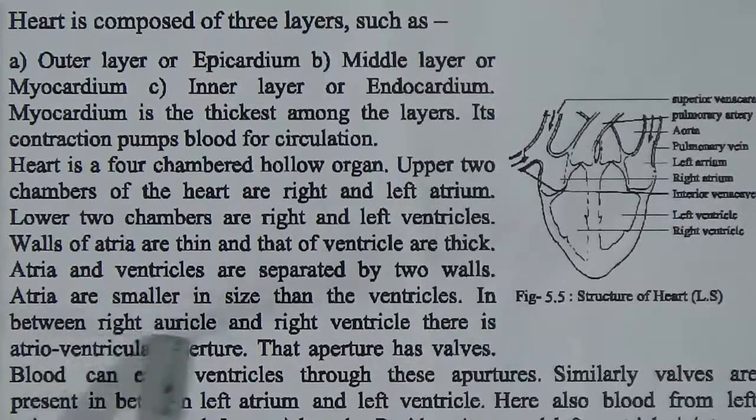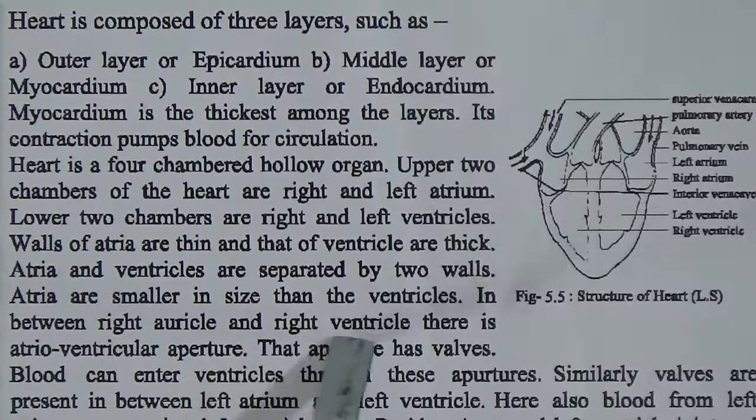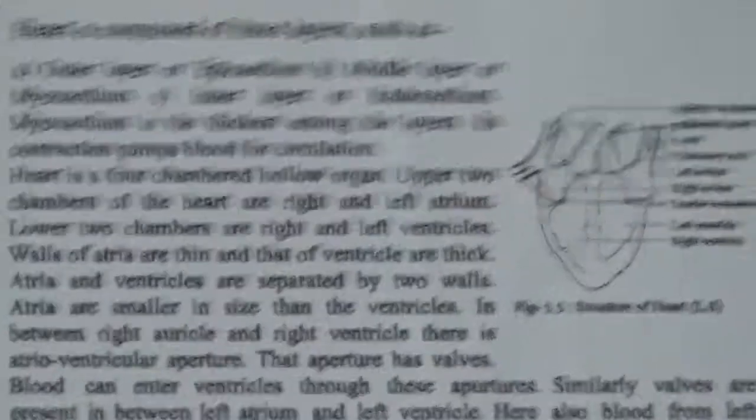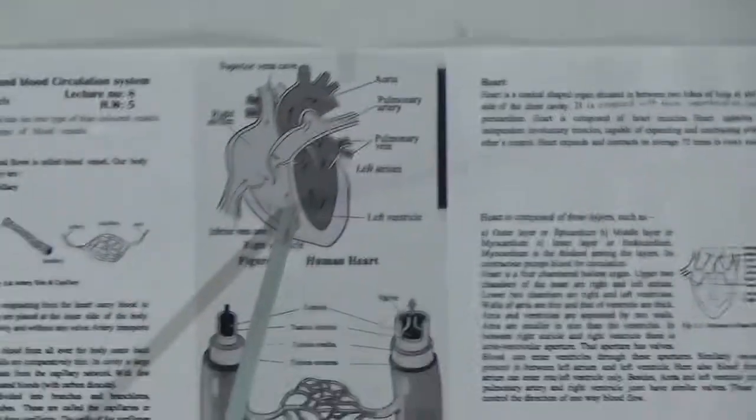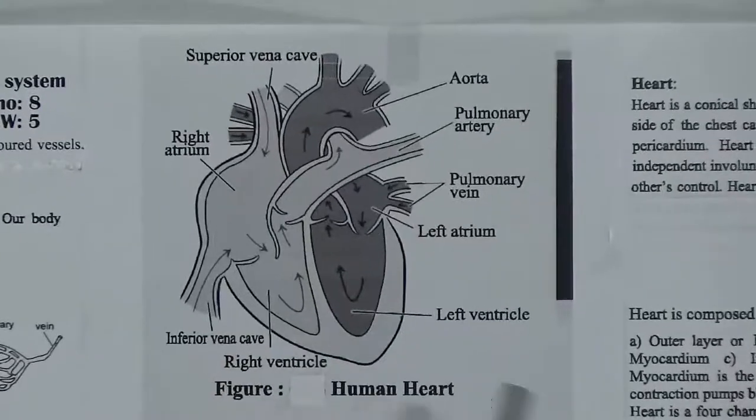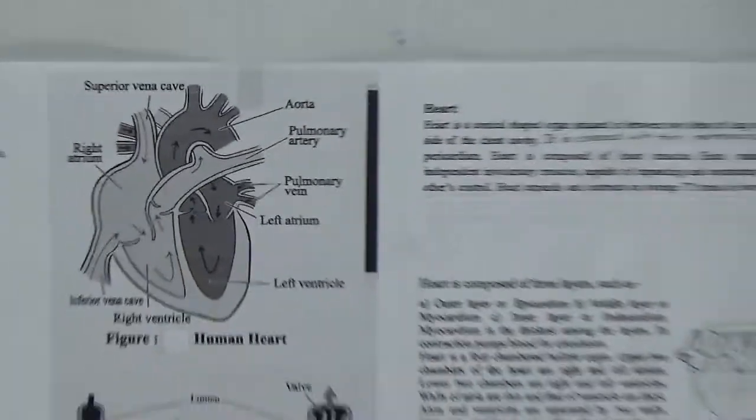In between the right auricle and right ventricle there is an atrioventricular aperture. If you can see this picture again, this is the atrioventricular aperture.